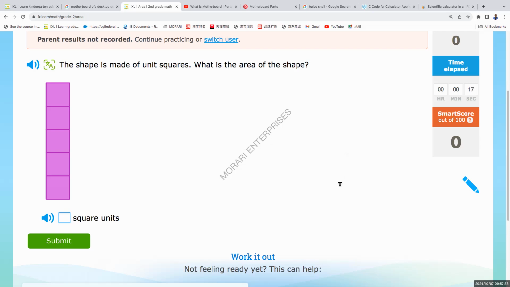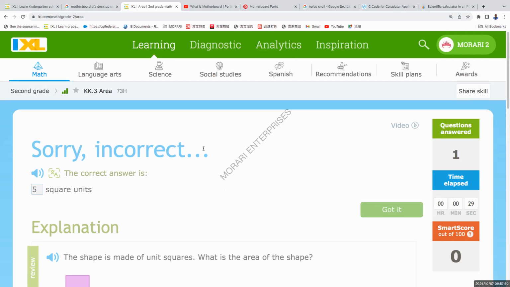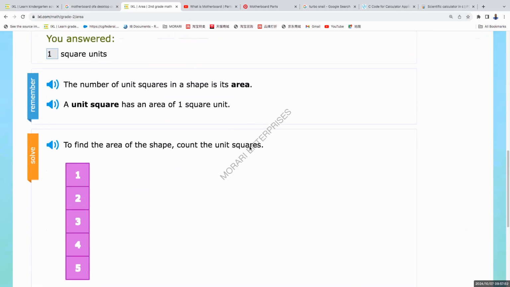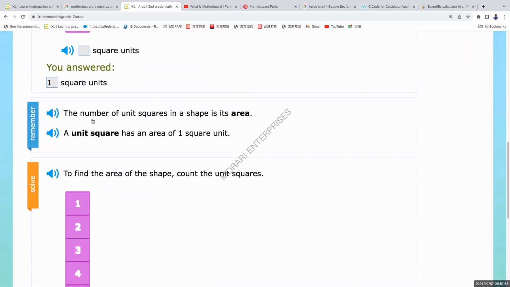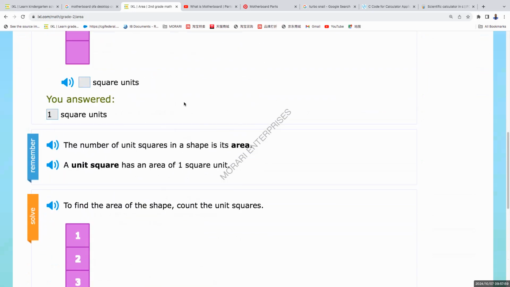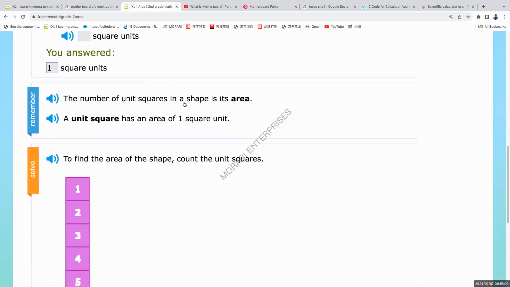Area is the space inside a closed shape. Area is the space inside a closed shape.